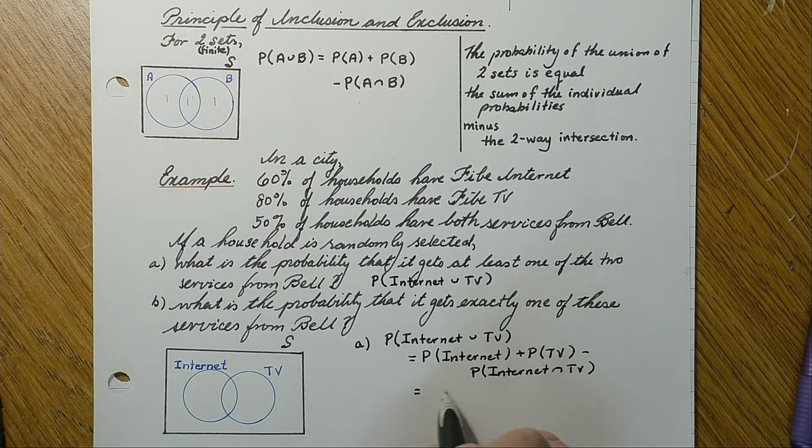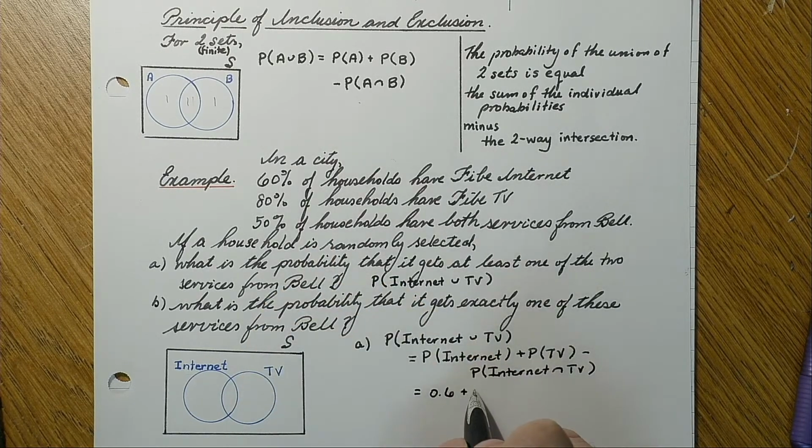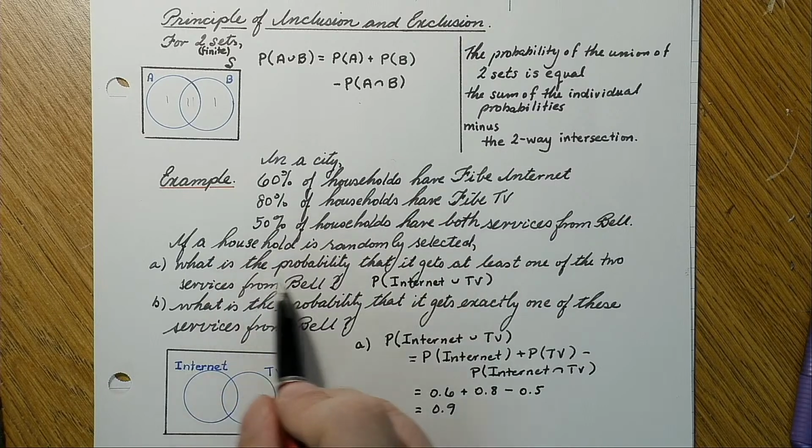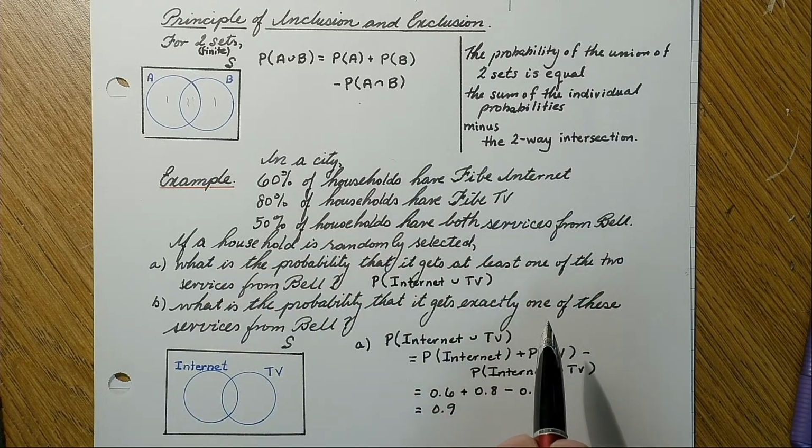Okay, so we have 0.6 plus 0.8 minus 0.5. So you have 0.6 plus 0.8, that gives you 1.4, and then you subtract the 0.5, that should give you 0.9. Good. Yes, and I see in the chat 90%. Yes. So that's the probability that at least one of them will have Bell. It's 90%.